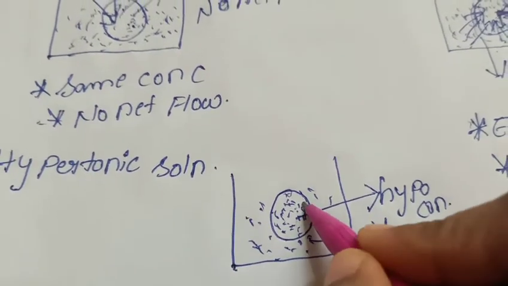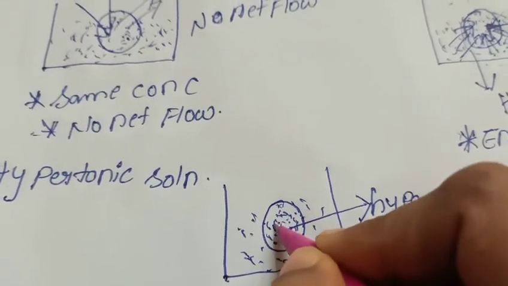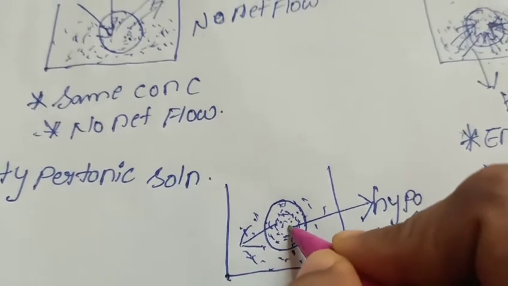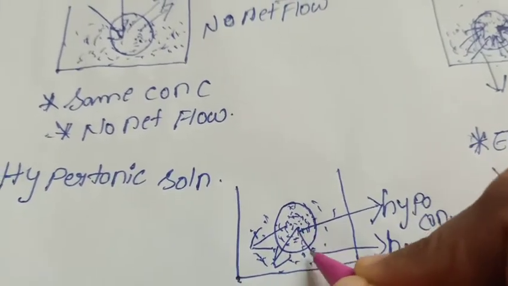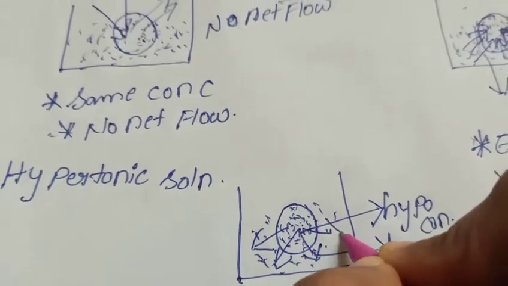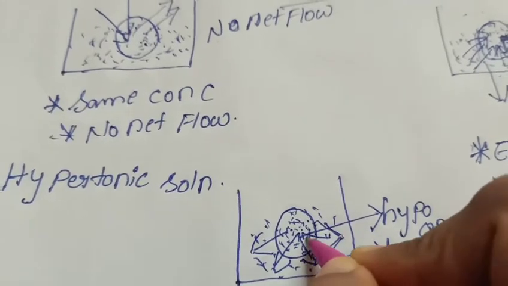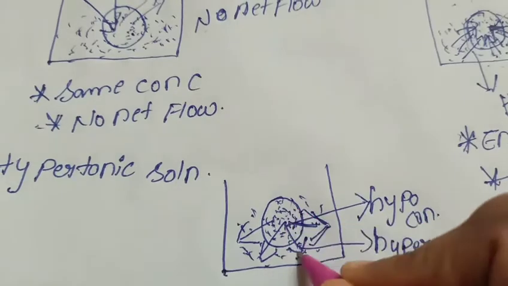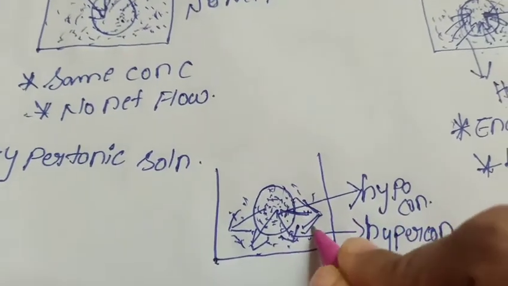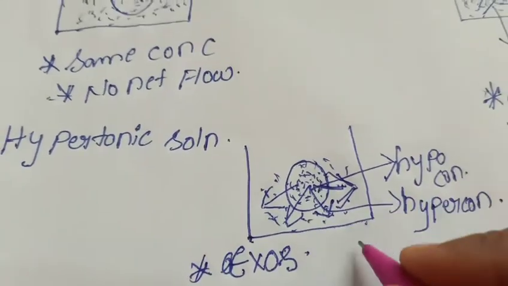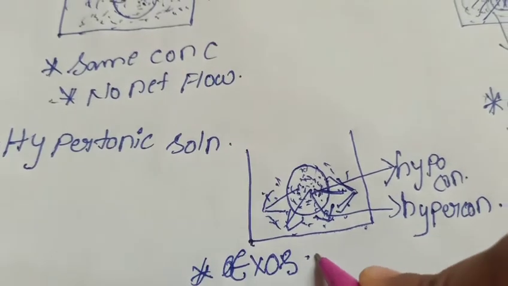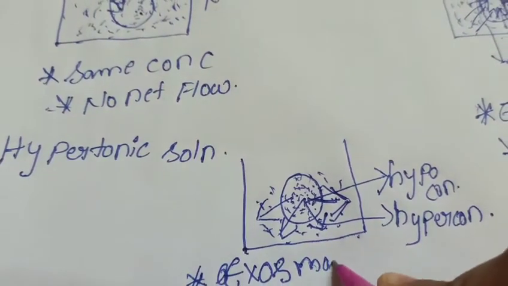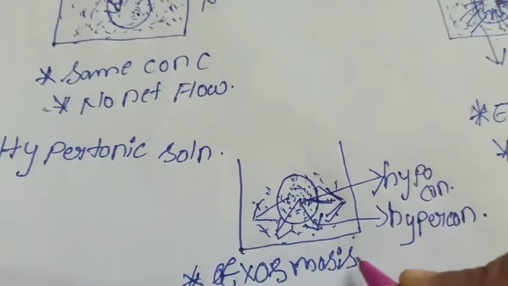Here the water molecules or the tonic solutions will move from hypo to hyper. That means from inside to the outside of the cell, the substances will come out from the inner cell to the outside. And this process is known as exosmosis.